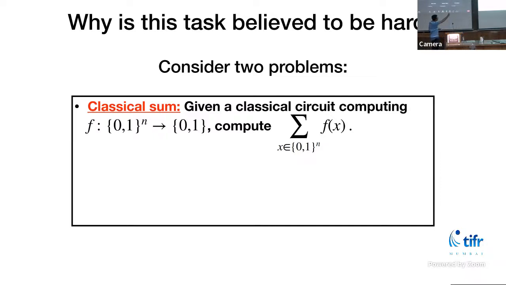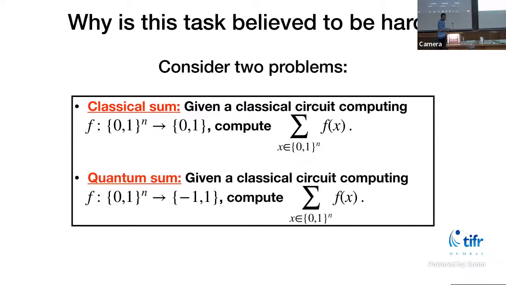And let me distinguish this with another problem, deceptively similar looking, but very different in complexity. I call this the quantum sum problem. It's the same function f with a very minor modification. Now the range is -1 or 1, it's not 0, 1. Same problem: compute the sum over the functional value of the domain x.